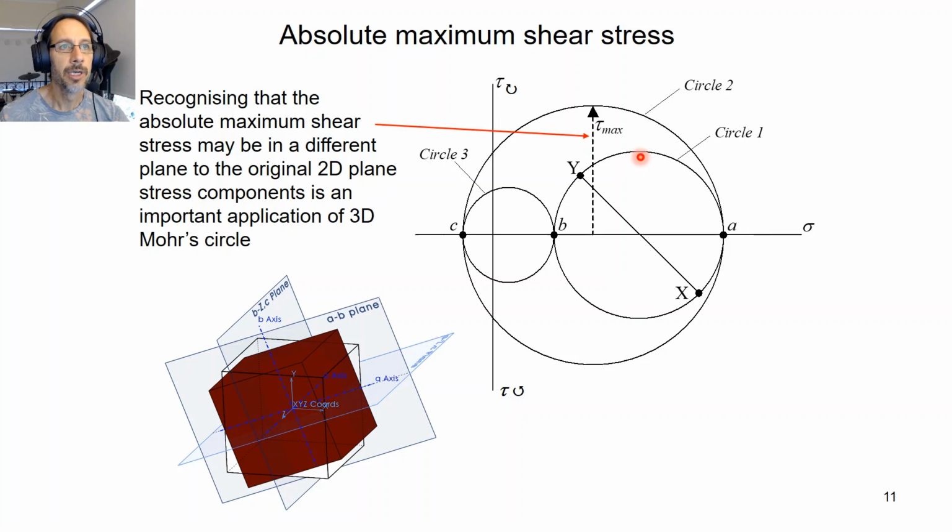Up until now, we would have just taken this here as our maximum in-plane shear stress. But now, because we're considering everything in 3D, we've got this maximum shear stress here in a different plane.